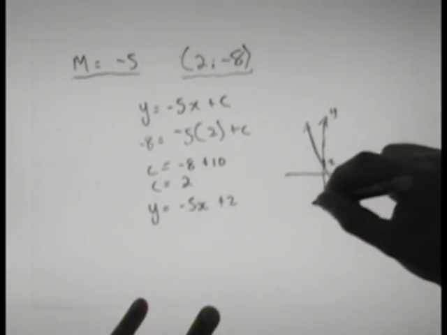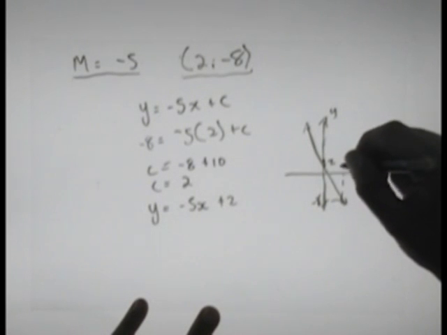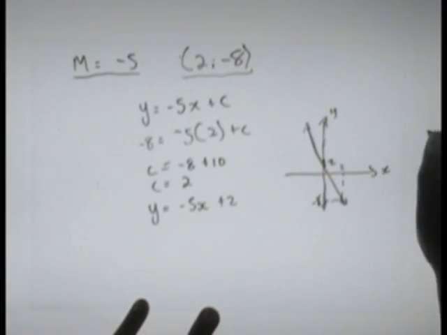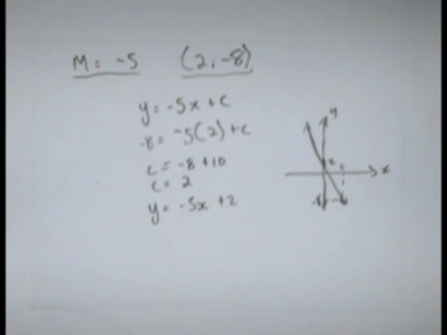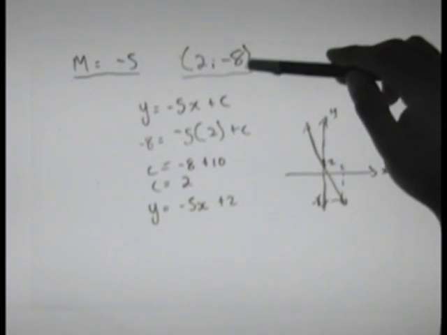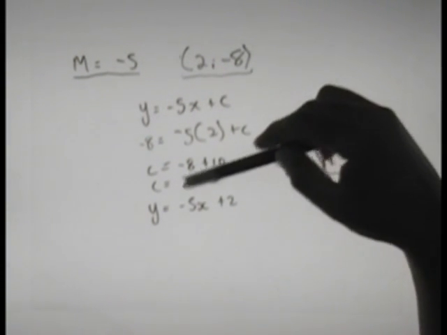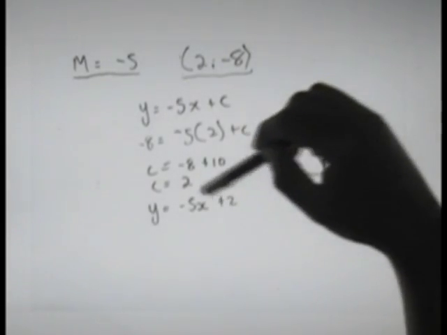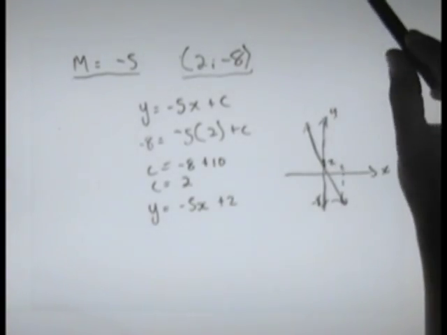Something like that. The big thing you need to note is that if we had our gradient, we just needed one point to get our c value. Once we got our c value, we went back to the standard equation.